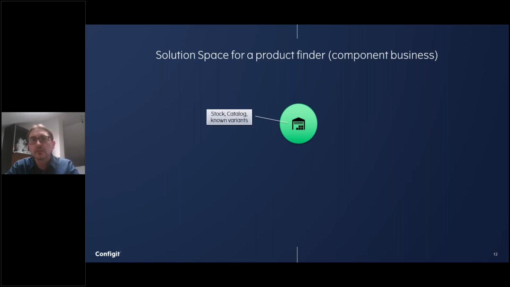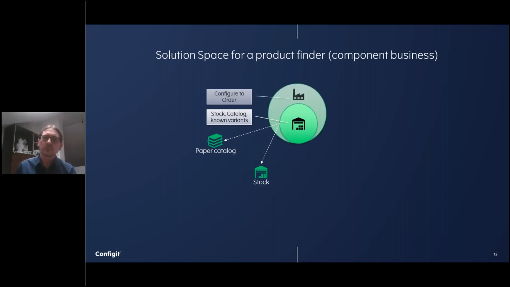They have known material numbers, and they are typically generated for paper catalogs or for stock keeping units. So there are a bunch of configurations you pre-create to offer them in the catalog, and also to have some stock keeping unit for these. But very often that's just a smaller part of what you really can build.